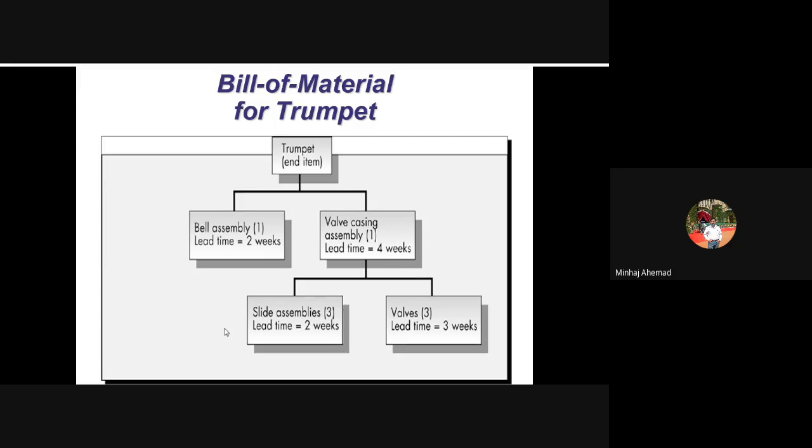All these are given in this format, which is a bill of material. The bell assembly took 2 weeks lead time, this took 4 weeks, slide assembly is 2 weeks, and valves 3 weeks. So this is the bill of material flowchart for the trumpet.